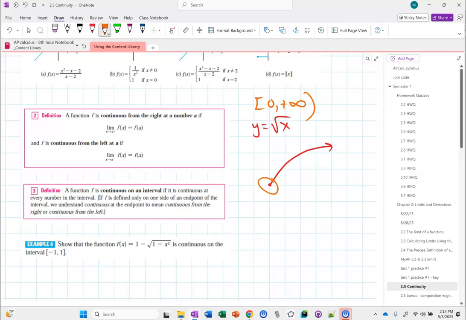So it's just us making a contingency for these closed interval functions to say it's still continuous where that point is solid. Everybody's okay there?